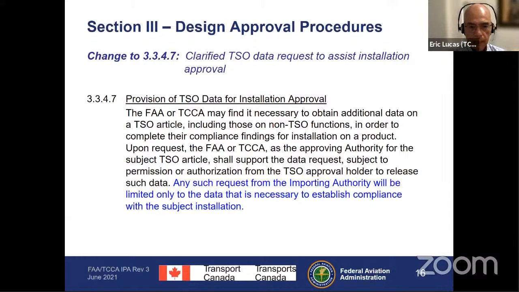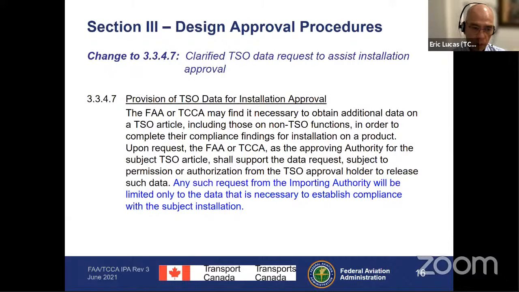As an example, I can think of the auxiliary power unit, where you will need installation interface requirements on the aircraft side, or perhaps installation of an avionics suite consisting of multiple TSO approvals. So in this particular case, to assist the validating authority to grant installation approval, the validating authority should be able to request data that is necessary to establish compliance at the installation level.